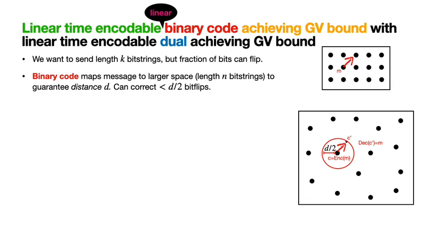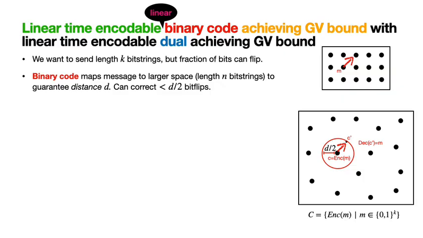We can imagine drawing a circle of radius d over 2 around our encoded message, and as long as less than d over 2 bit flips occur, we're inside of this circle. When the distance is in fact d, this circle doesn't overlap with the circle around any other encoded message, which means that by just finding the closest encoded message to the received bit string, we can guarantee to find the original message.